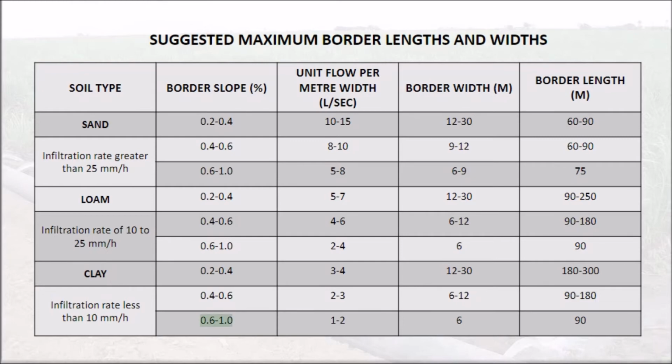Slope 0.6 to 1.0, flow 1 to 2, width 6, length 90.